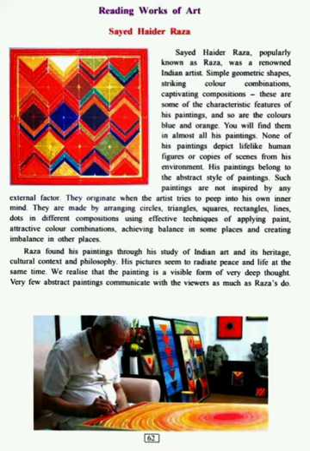They are made by arranging circles, triangles, squares, rectangles, lines, dots in different compositions, using effective techniques of applying paint, attractive color combinations, achieving balance in some places and creating imbalance in other places. So these are the characteristics of Sayyid Haider Raza sir's painting, that he never gets inspired by external factors.